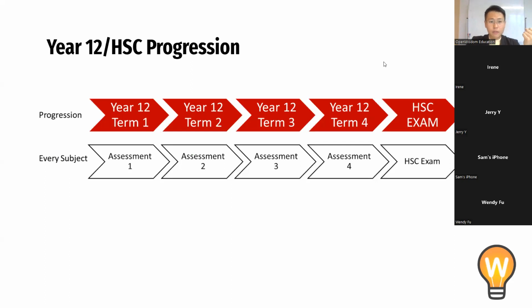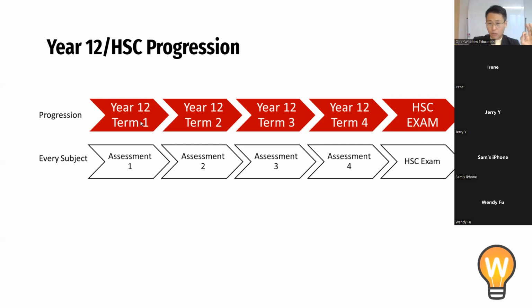Now, hypothetically say you've completed your year 11, now you're progressing into year 12. In year 12, as I said from the beginning, the marks you get in year 12 will count towards your HSC. And there will be 4 main assessments that you'll take throughout the year. Just be mindful that the first term of year 12 actually starts in term 4, year 11.